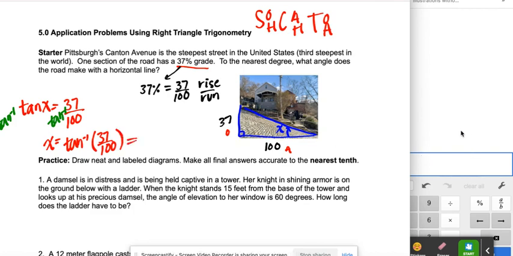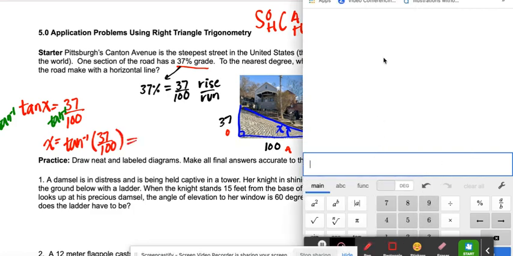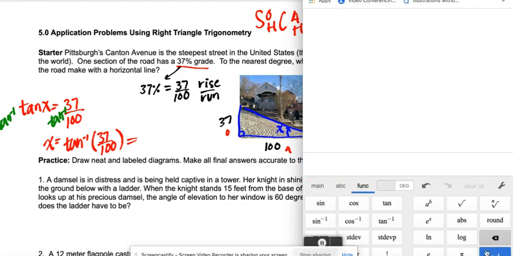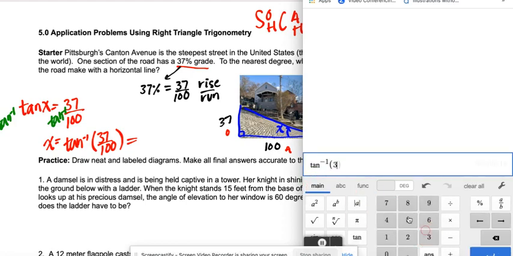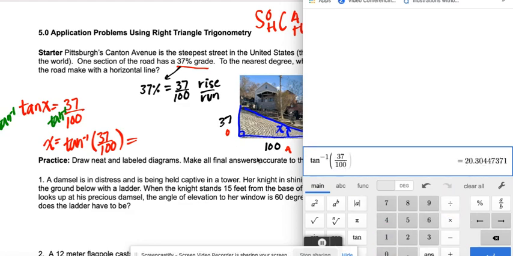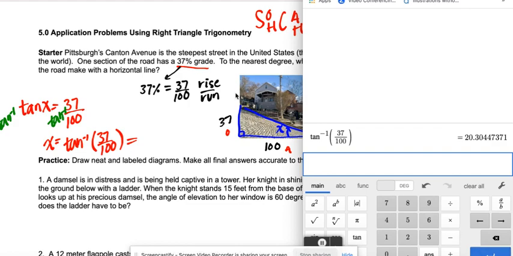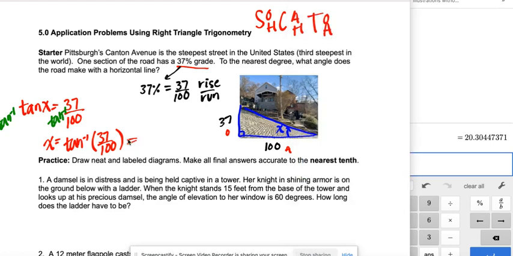And now using Desmos, we'll go over to inverse tan, 37 divided by 100. It says that we want the nearest degree. Well, 20.3 is going to be pretty close, approximately a 20-degree angle. So there it is.